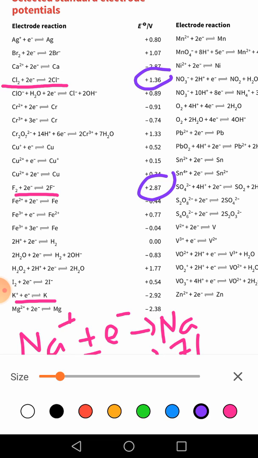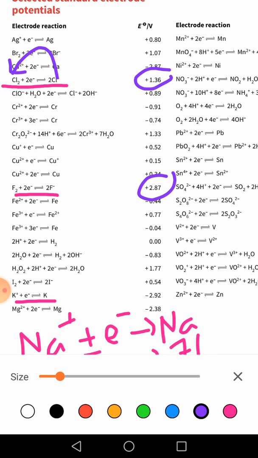So since chloride is harder to reduce, that means it is easier to oxidize. So here chloride will get oxidized and form chlorine, and fluoride will remain unchanged. Okay. So in the electrolysis of sodium fluoride and potassium chloride, the chloride ion will get neutral.